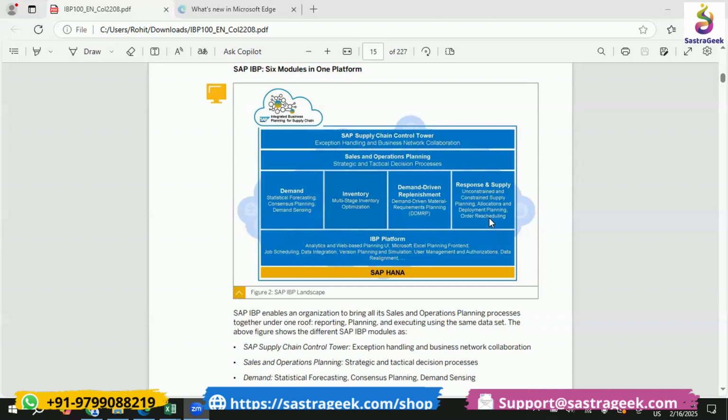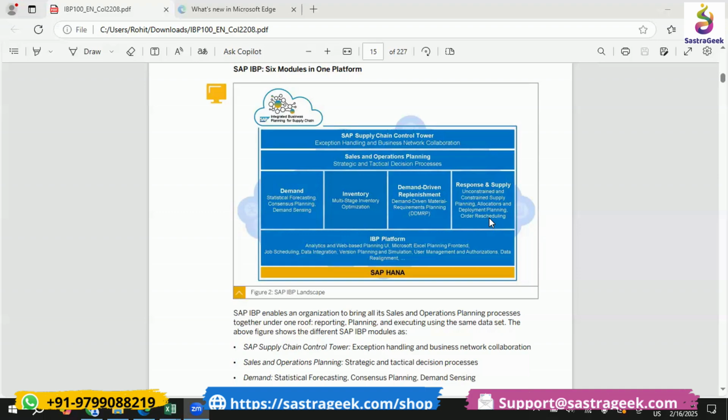What's the difference? Maybe at this moment, APO's SNP functionalities are not all that mature in IBP. You have functionalities evolving, but APO's supply network planning is probably a bit more mature. And I have seen in the last couple of years, SAP made excellent progress in this direction.